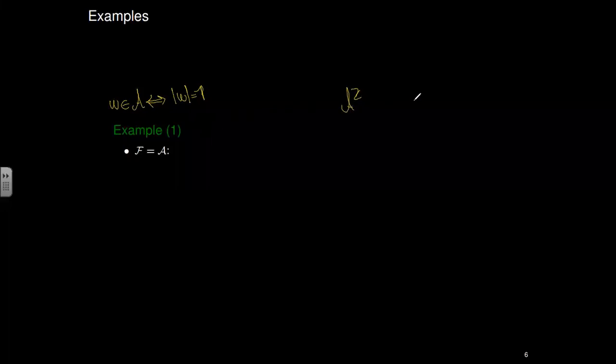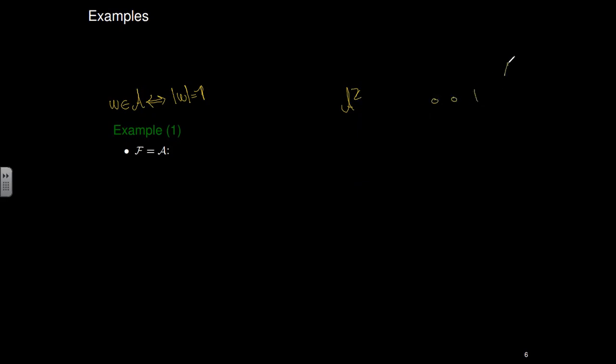Let's talk about some examples. Example 1. Let F be all of the alphabet. It means you delete all of the words with length of A. Basic things I want to review: the block or word W is inside of A if and only if the length of it is equal to one, the length of the alphabet. So inside of the full shift, we delete all of the letters.